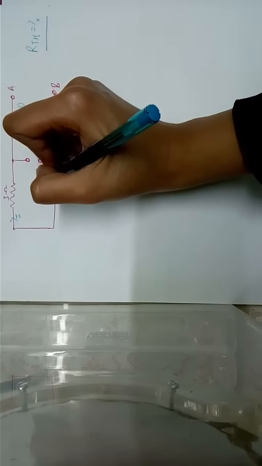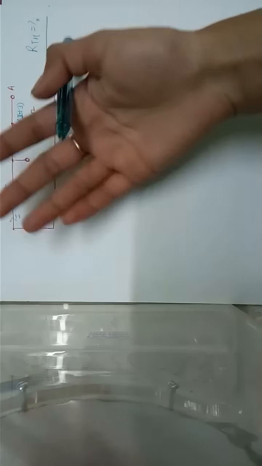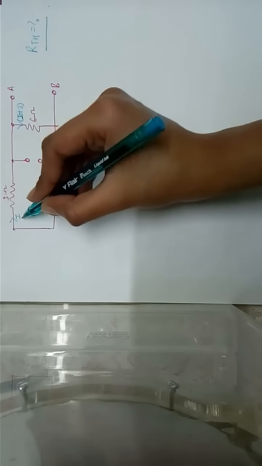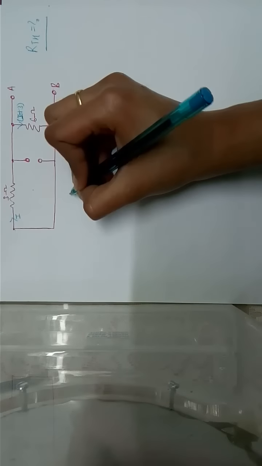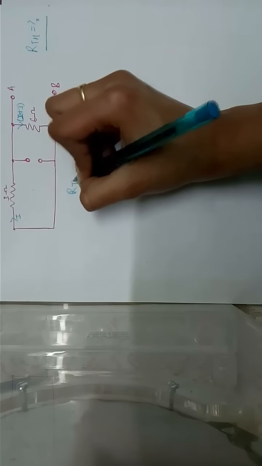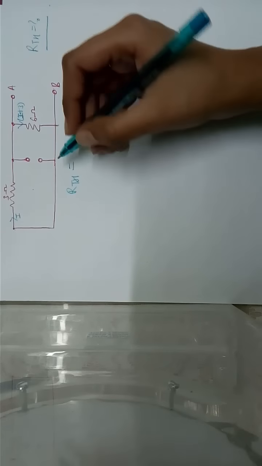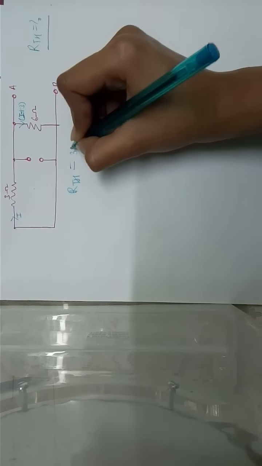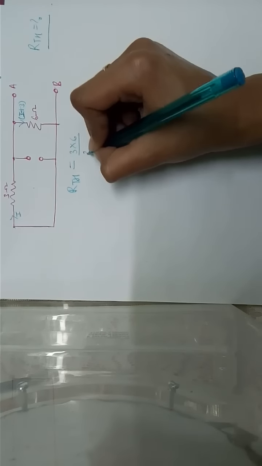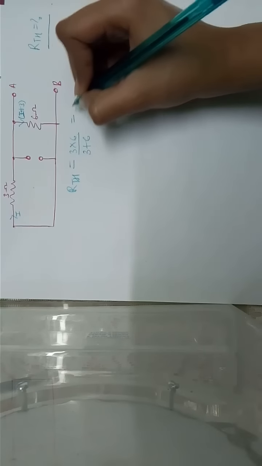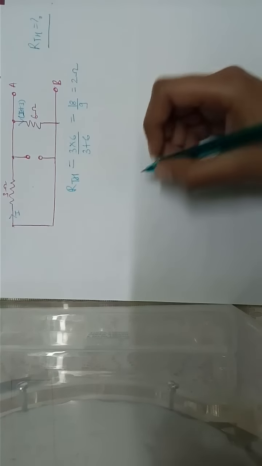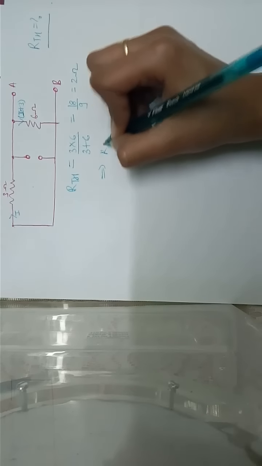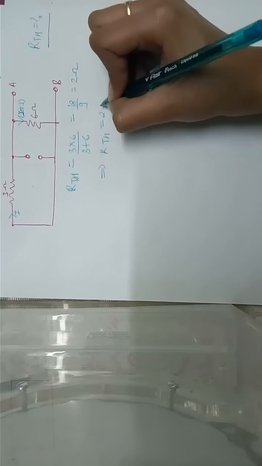Over here you can see that both of the resistances have different currents, I and I plus 3, which means of course they are in parallel. So the net resistance, or we can say RTH, will be 3 into 6 upon 3 plus 6, which is 18 upon 9, which is 2 ohms, which implies that RTH is equal to 2 ohms.